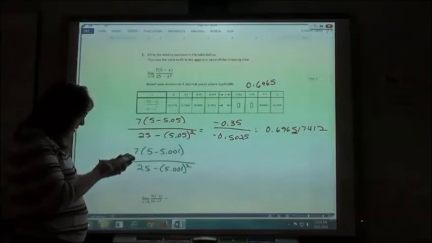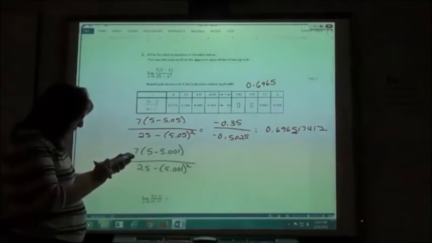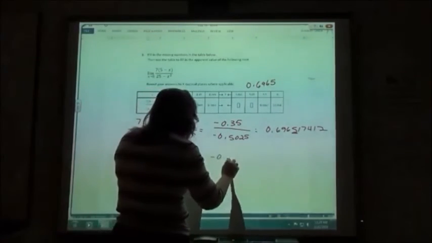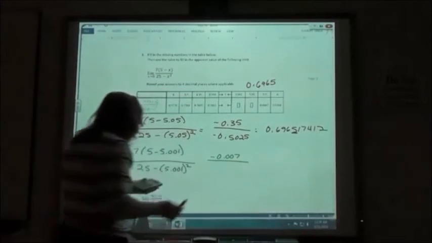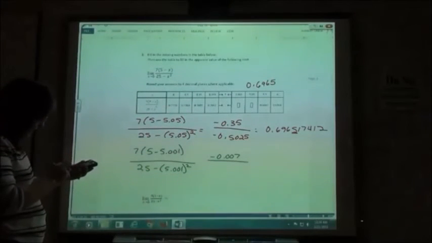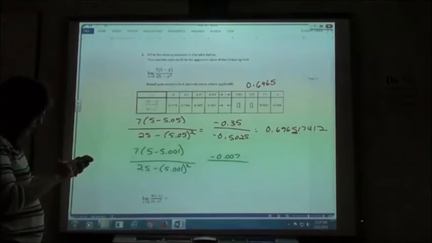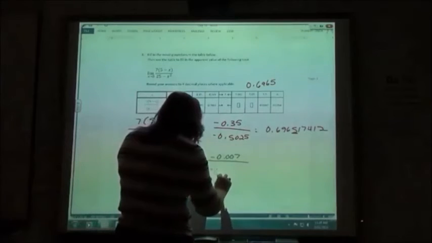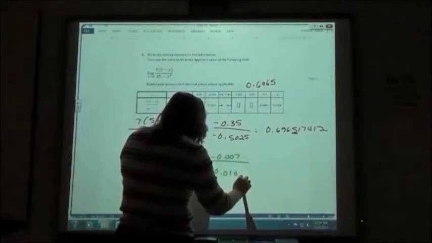So on the top, 7 parentheses, 5 minus 5.001, close my parentheses, gives me negative 0.007. On the bottom, 25 minus parentheses 5.001, close my parentheses, square that. If I hit equals, I get negative 0.010001.